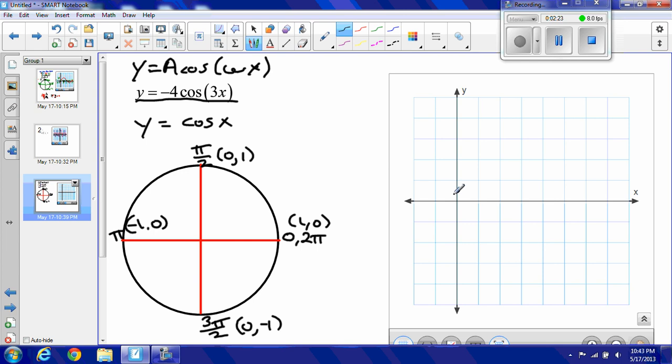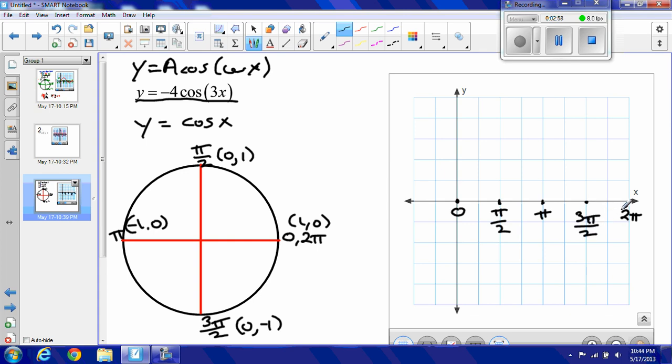So I'm going to change my points around the unit circle, straighten them out so that they'll be on the graph. So this point right here is 0 degrees, and way over here is 2 pi degrees. So right in the middle of those two is pi degrees, and between 0 and pi is pi over 2 degrees, and right here is 3 pi over 2 degrees.